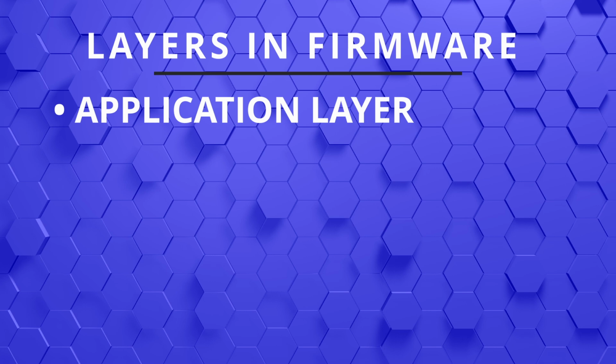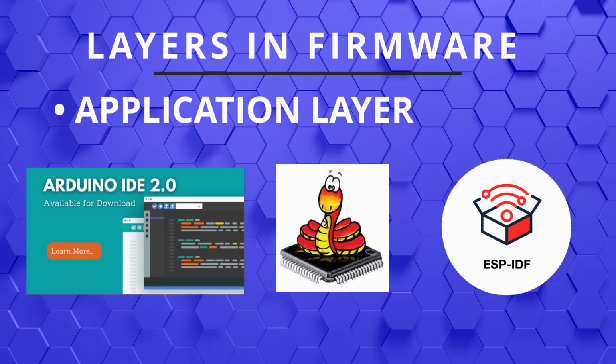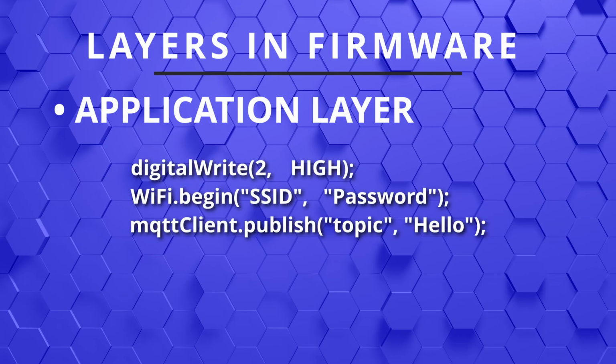You typically use environments like the Arduino IDE, MicroPython, or ESP with FreeRTOS. Here, you're not worrying about low level register configuration, instead, you're writing functional code. And you can see on your screen, this is a demo of what functional code looks like in the application layer. digitalWrite with the pin number and the value for that, WiFi.begin with the SSID and password, mqttClient.publish to publish the message over the MQTT client.